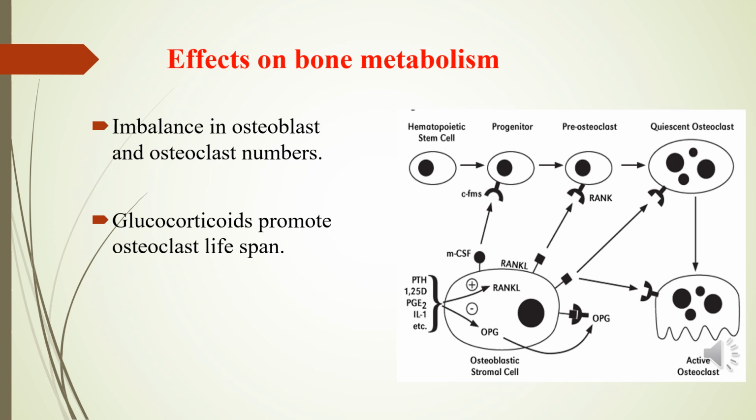Whereas excess glucocorticoids reduce both osteoclast and osteoblast precursors, glucocorticoids promote osteoclast lifespan without affecting their number, and this will sequentially lead to increased bone turnover. And this is going to be discussed in detail later.